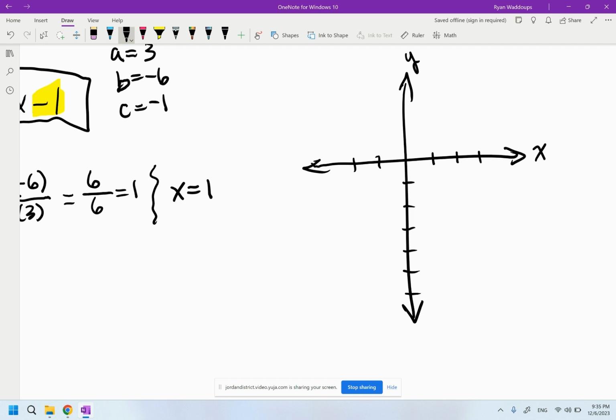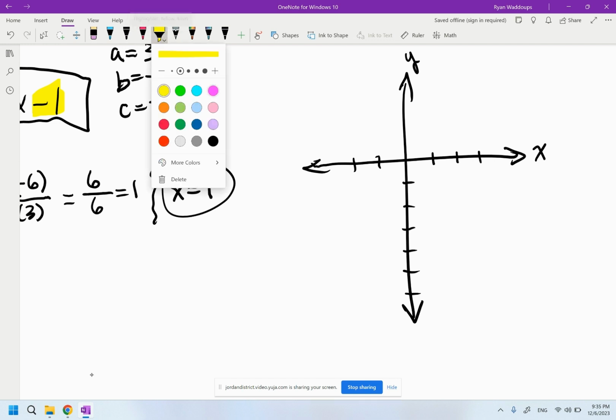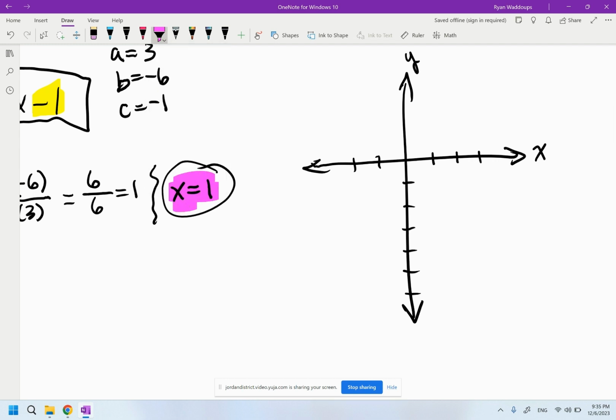And then the line x equals 1, let's color it this color. And that is going to be right here at x equals 1. And it's a vertical line. We're just going to draw it as a dotted line that goes up and down through x equals 1. And so that line, that's our axis of symmetry. And it gives us symmetry for our parabola, which is the graph of a quadratic.